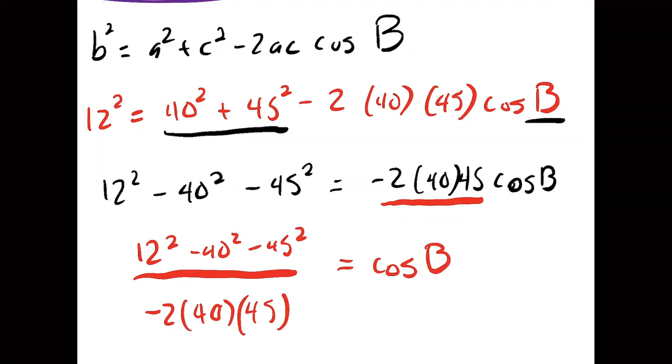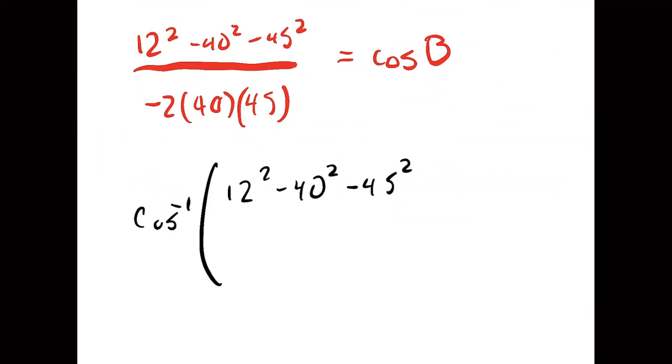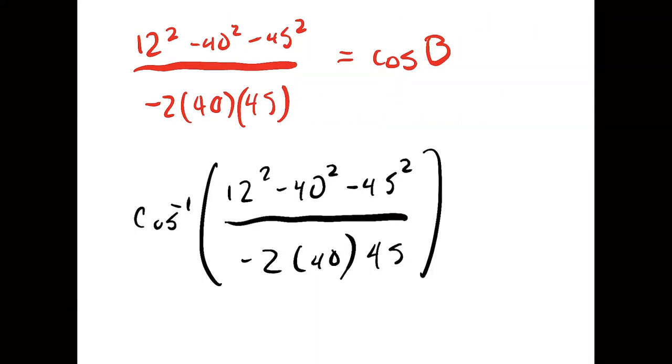All right, so applying the inverse to both sides, we'll get cosine inverse of this number, and this is going to be equal to B.